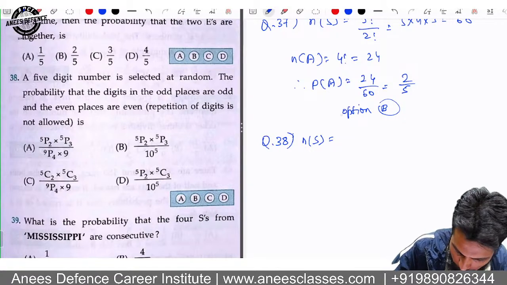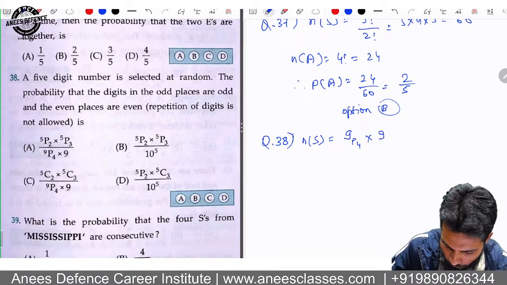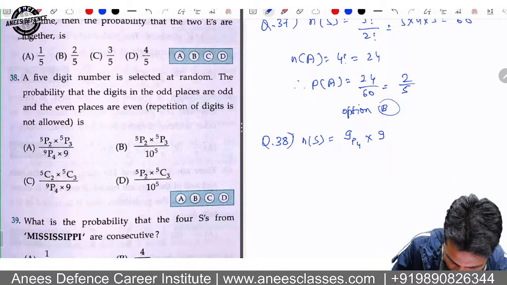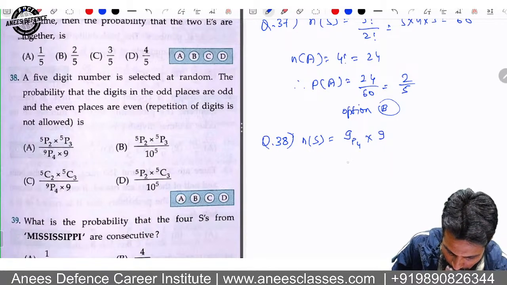So first, the sample space, how are you going to find it? 9p4 into 9. How will you get that? There are total 9 digits because for a 5-digit number you cannot take 0 at the first place.